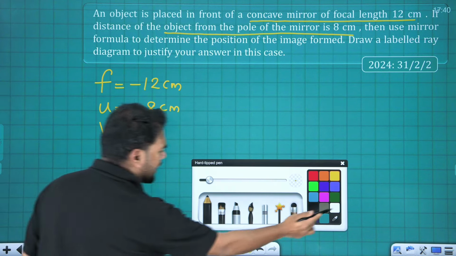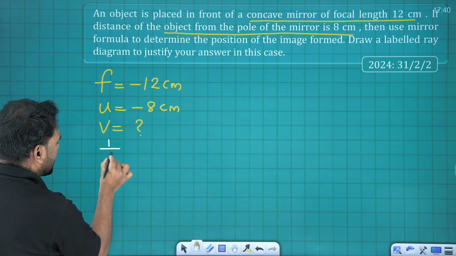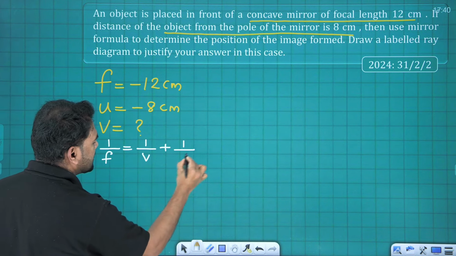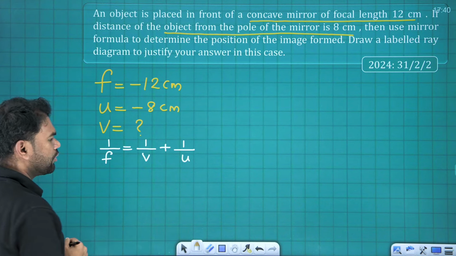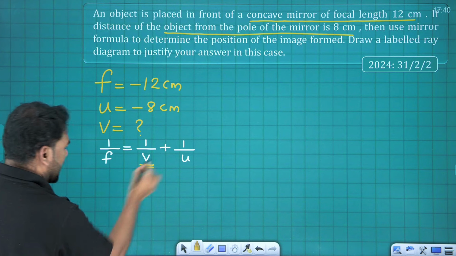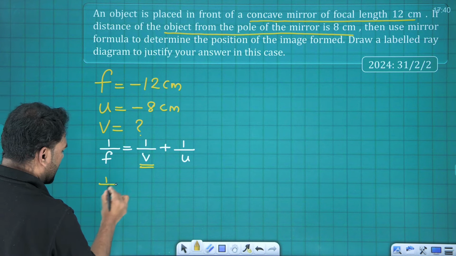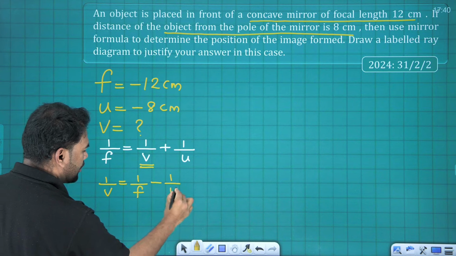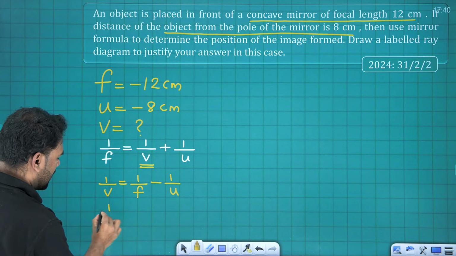So we can use the mirror formula. Mirror formula is none other than 1 by f is equal to 1 by v plus 1 by u. Our aim is to find out 1 by v. So keep that 1 by v on right side and take this 1 by u to left side. So 1 by v equal to 1 by f minus 1 by u. Now we can substitute the given values.